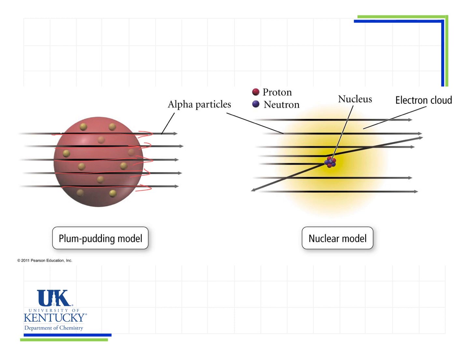But in the nuclear model, the atom is mainly empty space, and most of these alpha particles pass through the atom and hit the back. Some of them are deflected a little bit. Why?